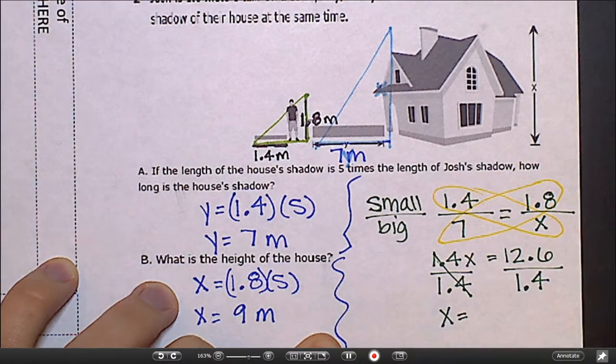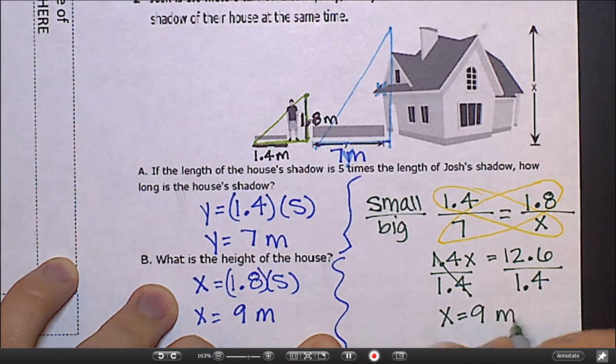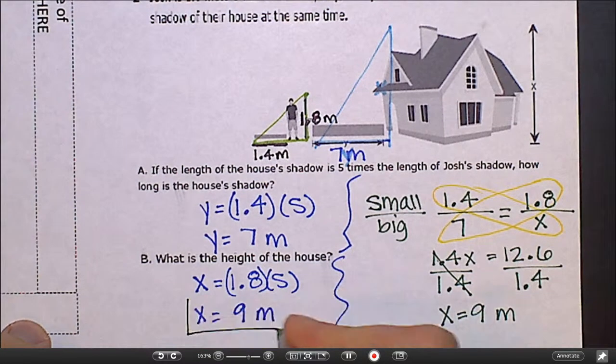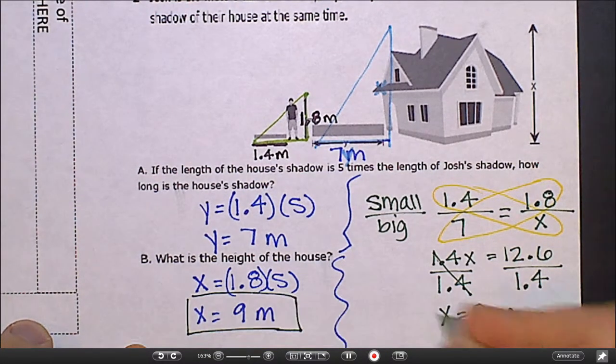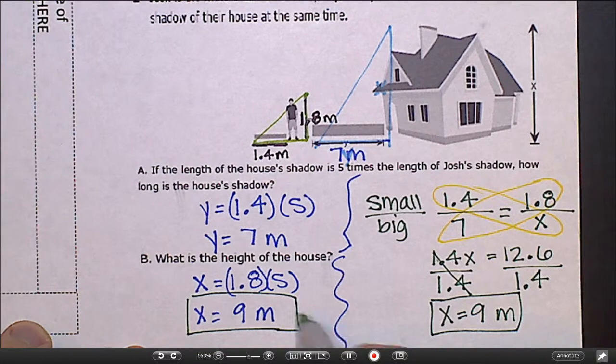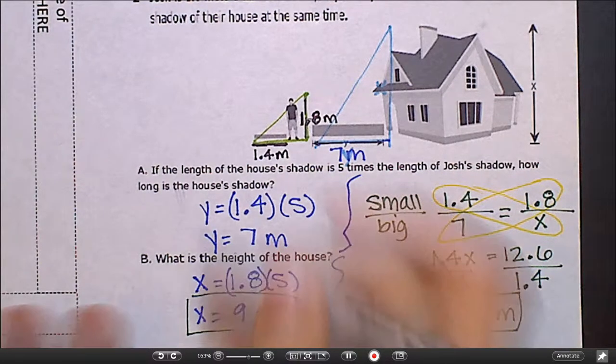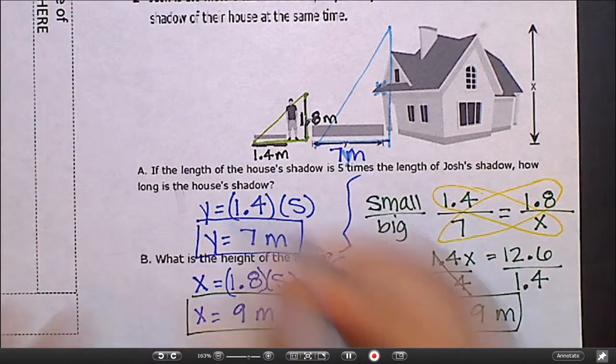So when I divide that, I get 9 meters. So I got the same thing either way. So sometimes it's nice to have different ways of working out math problems. Of course, we want to have this answer easy to find also.